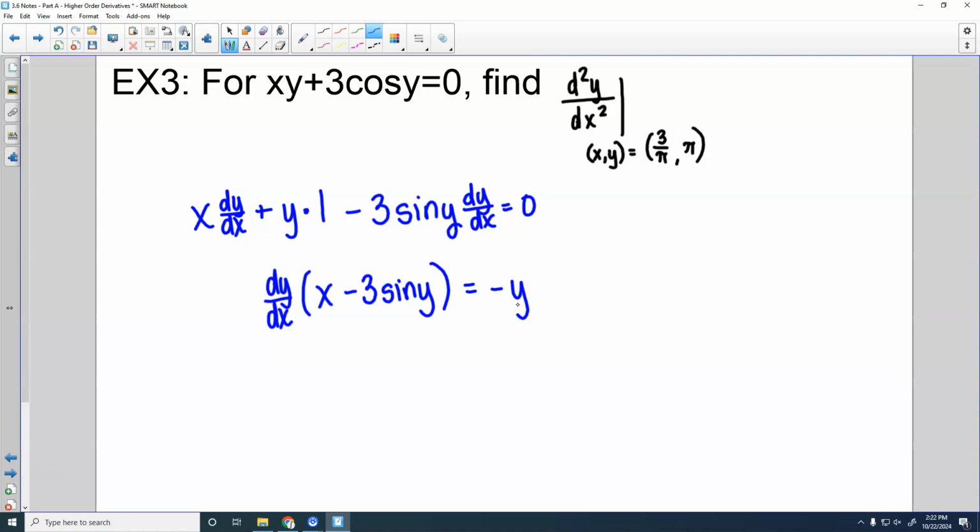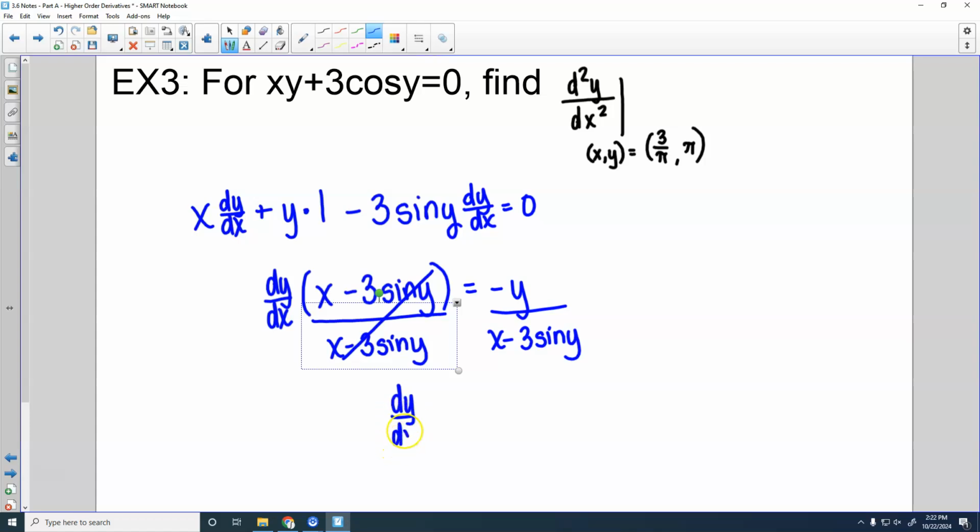Last step for that is to divide. Okay, questions?